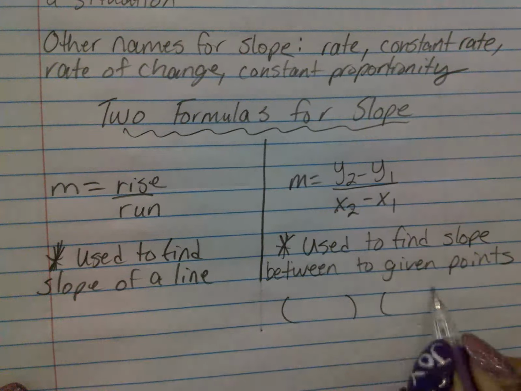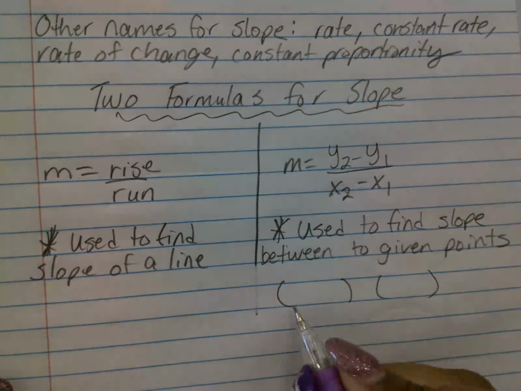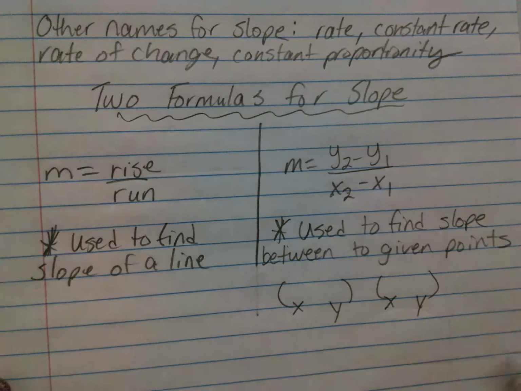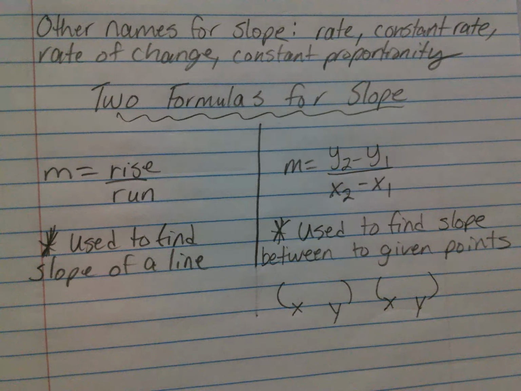So the two ordered pairs, you have an x and a y, an x and a y. You can be given ordered pairs just the way they are, just the list of ordered pairs. You can be given ordered pairs in a table. They're ordered pairs, whether it's in a table or in a group.